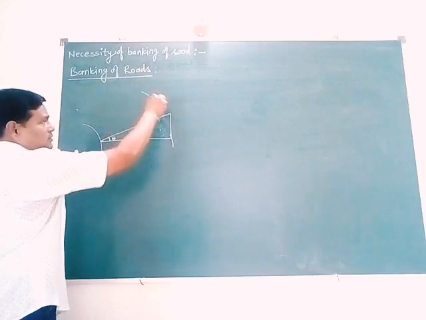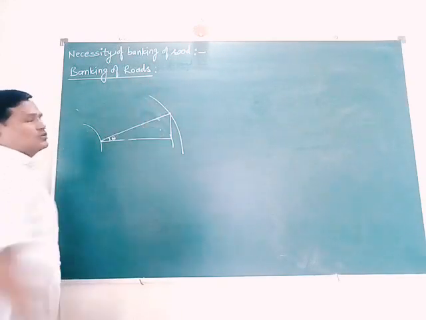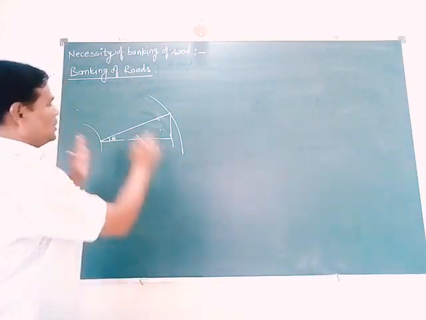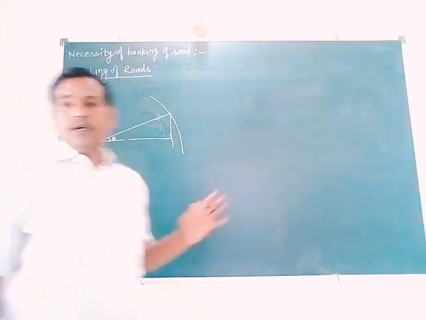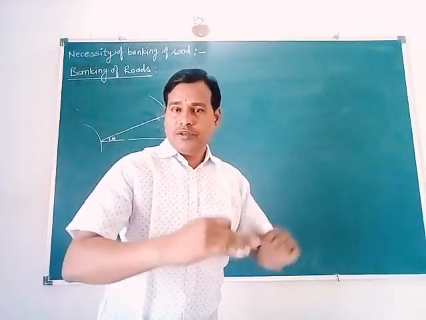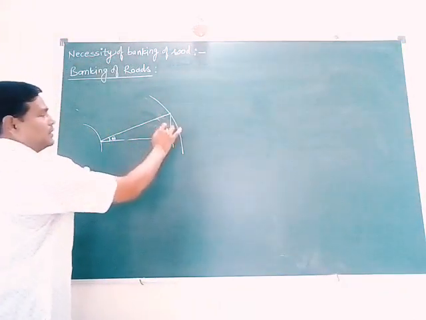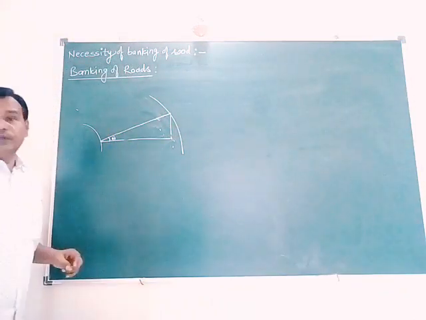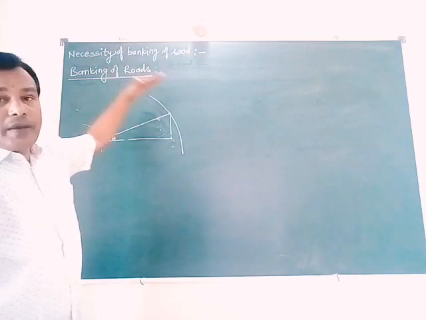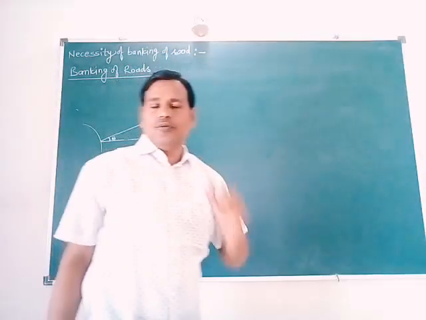So this is the turn surface of the road. On such a road we have to obtain a speed of the vehicle which is greater as compared to that on a horizontal surface. So we have to obtain an expression for the speed of a vehicle on such a banked road. So what is banking of road?